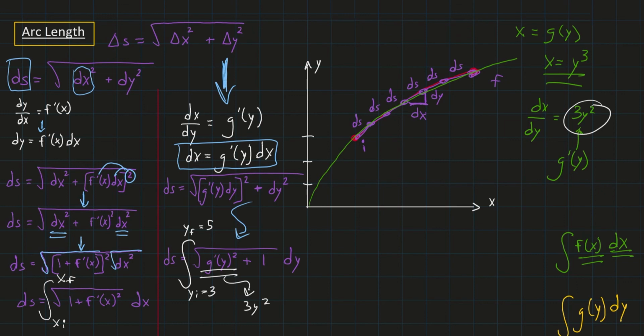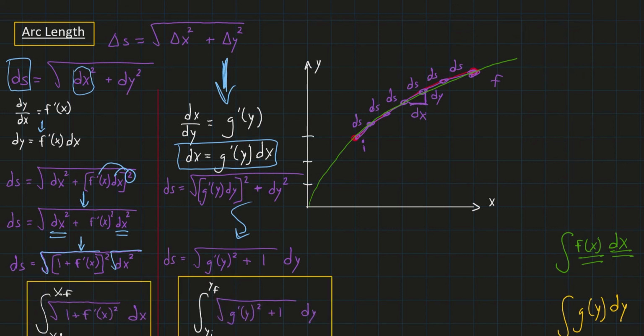That was our work on the right. So for curves given in terms of y, of course you'll want to use this form. And if your curve is given in terms of x, like in the very beginning example, you would use this form. And sometimes you have to choose yourself which form to use.